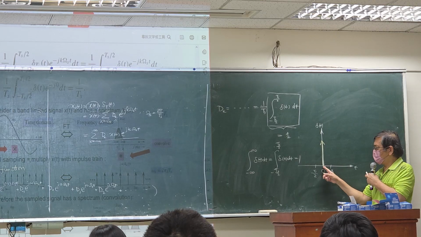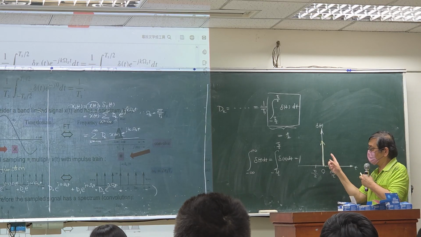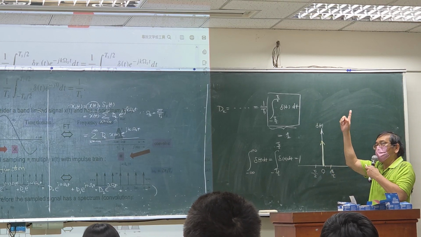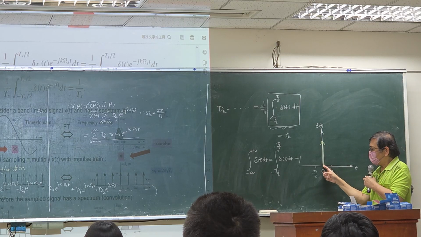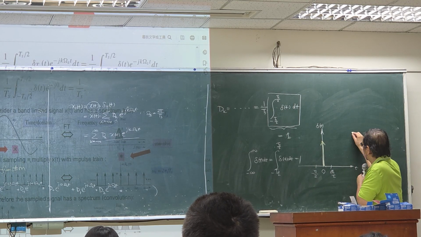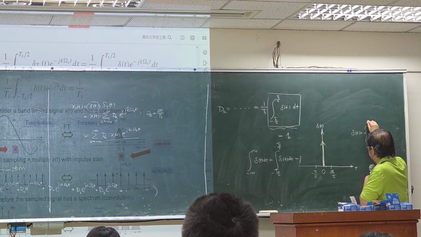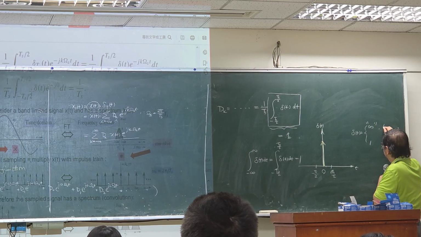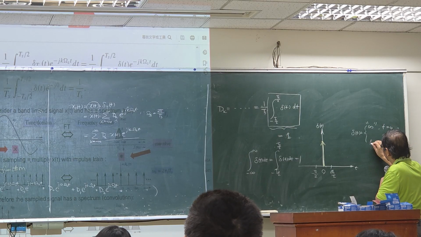For t equals 0, the function value, you can imagine, goes to a very huge number, sort of infinity. Other than t equals 0, the function value is 0.